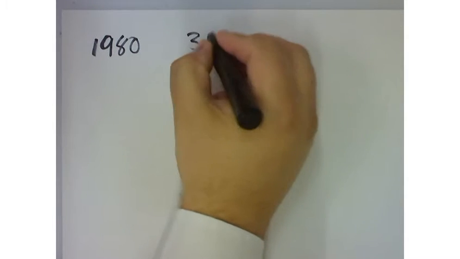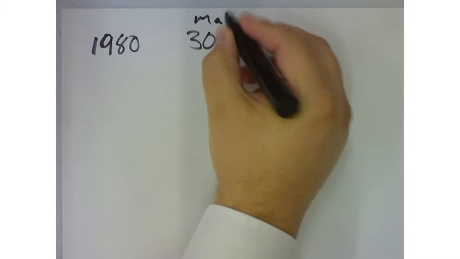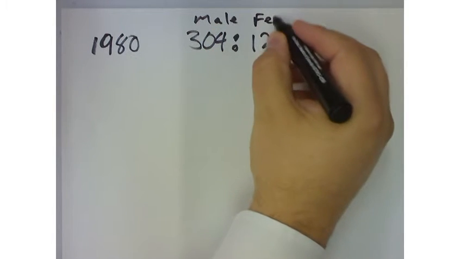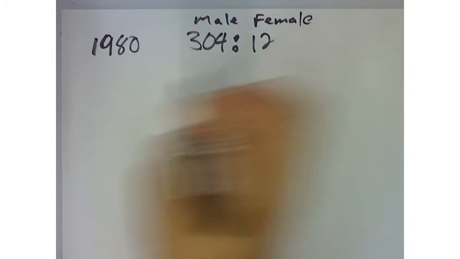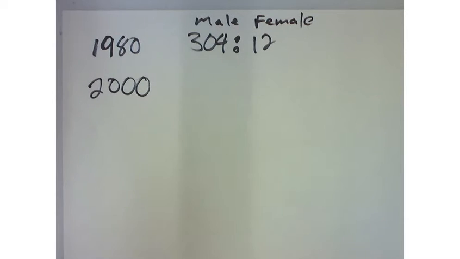So I'm going to come in here, and so in 1980, there were 304 males to 12 females. And I'm just going to skip ahead because the question is asking from 1980 to 2000.